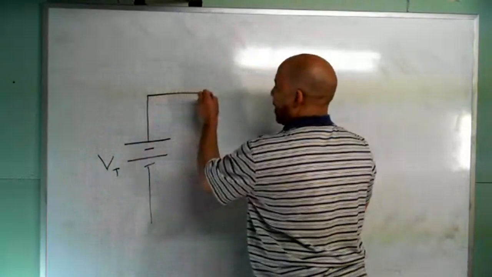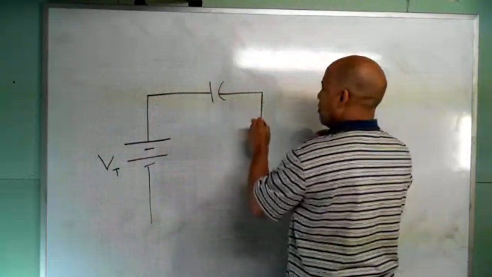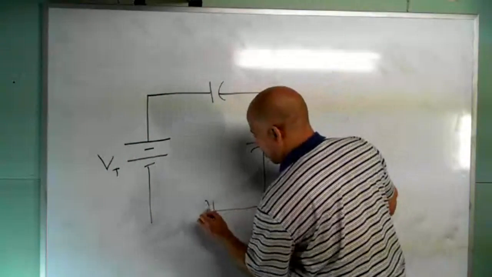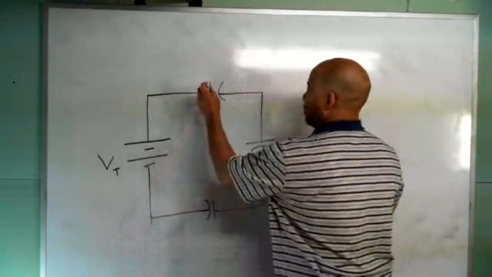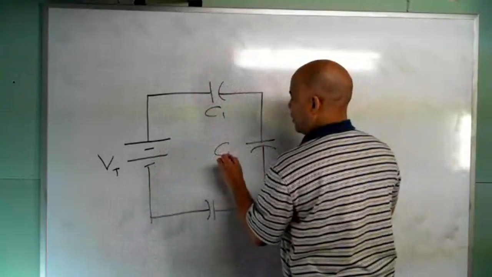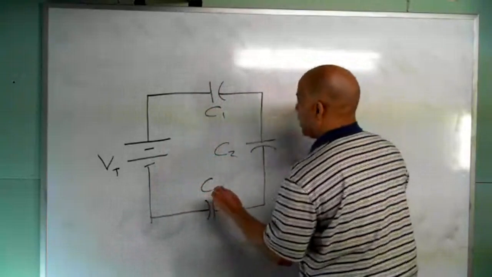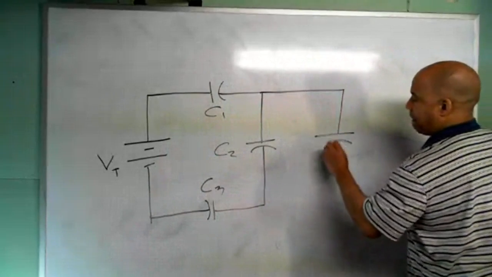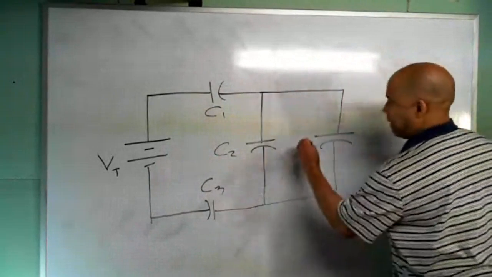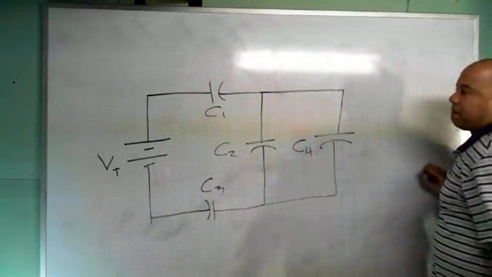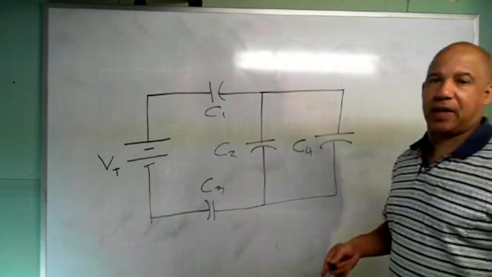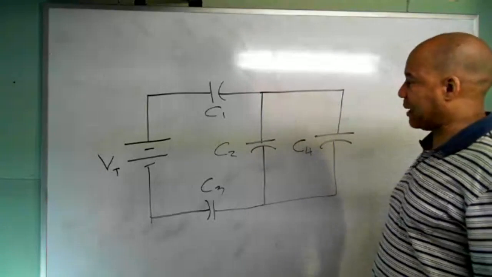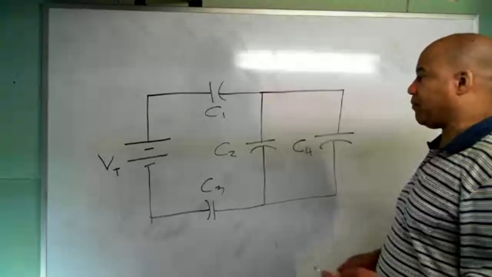And they give you some capacitors, C1, C2, C3. But then they gave you something like this. Now you got C4. And they tell you to do exactly what we did in the last problem: find all the voltage drops across each capacitor. So what would you do?